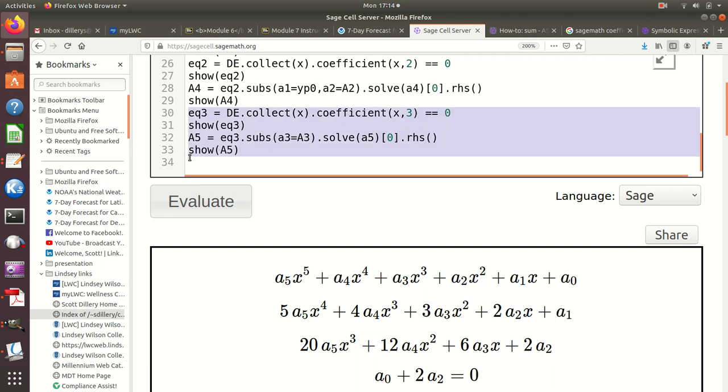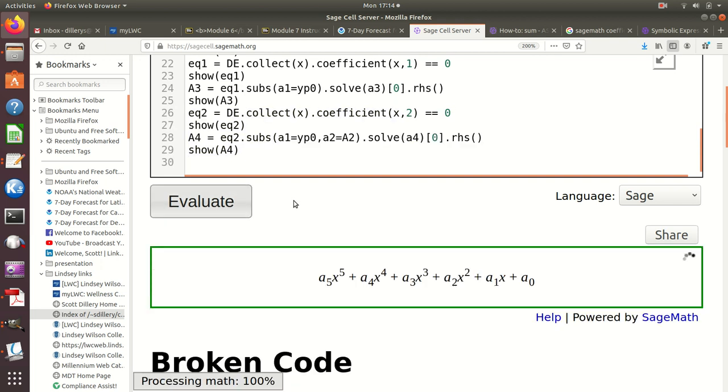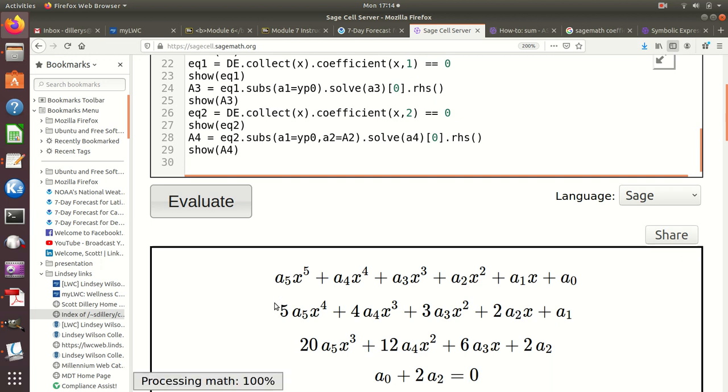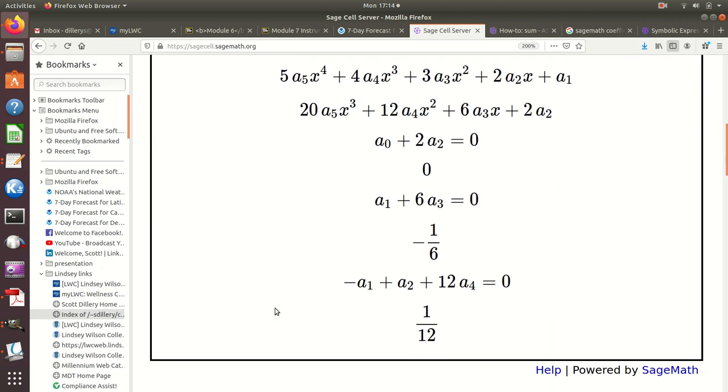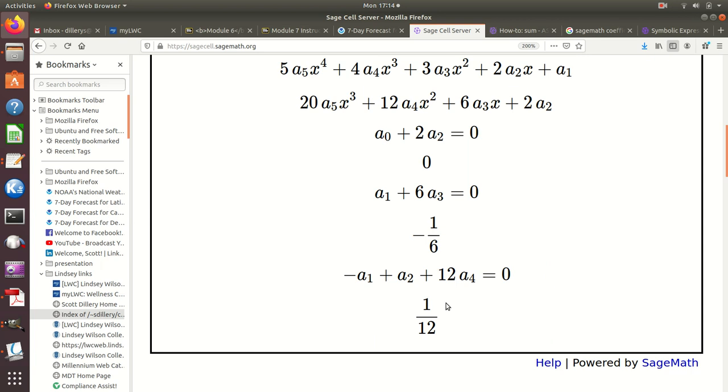And then I'll do the show A4. And we get 1/12. And I don't remember for sure, but that sounds right. 1/3 times 4. Yeah, that does sound right because it was 2/4 factorial.